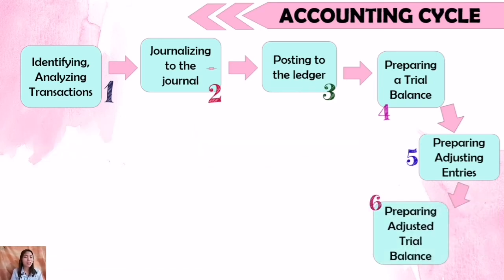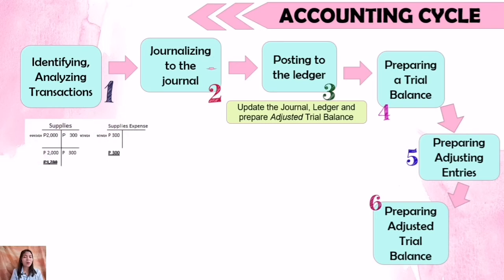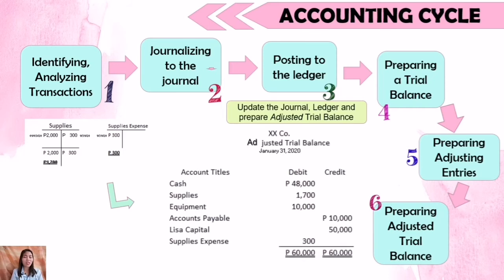Next is preparing the adjusted trial balance. Since we have adjusting entries, we need to update the journal and the ledger, and then prepare the adjusted trial balance. Since we have the supplies adjusted earlier, we have a new balance of 1,700, and then supplies expense is an additional account title, so an additional ledger. So it must also be reflected in our adjusted trial balance.